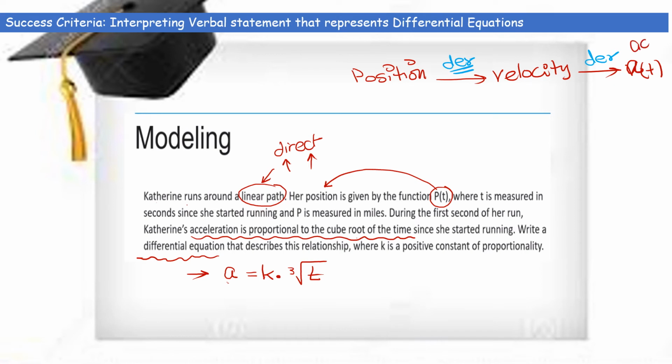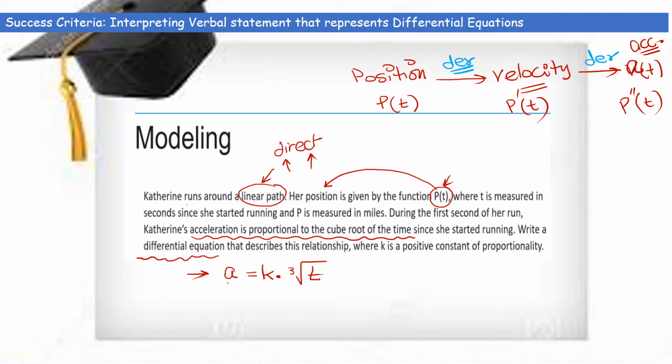So that is acceleration. Look at this. We have to write everything in terms of position. Only P of t is given. We don't have any V symbol in the question. So we will jump directly from position to acceleration. If position is given by P of t, velocity means taking the derivative of P, and acceleration means taking the double derivative of P. This is how we denote it with the help of the prime.